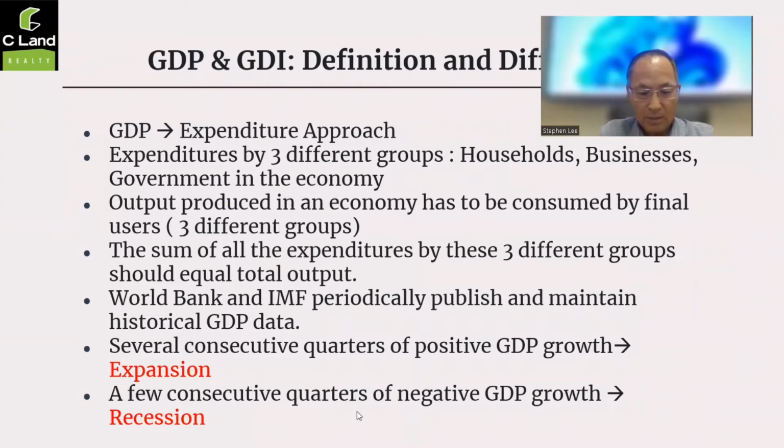So this is basically economic definition of recession. Okay, so later on, we want to take a look at actual the numbers, whether we are in expansion mode or whether we are in a recession mode, the current economy of US.